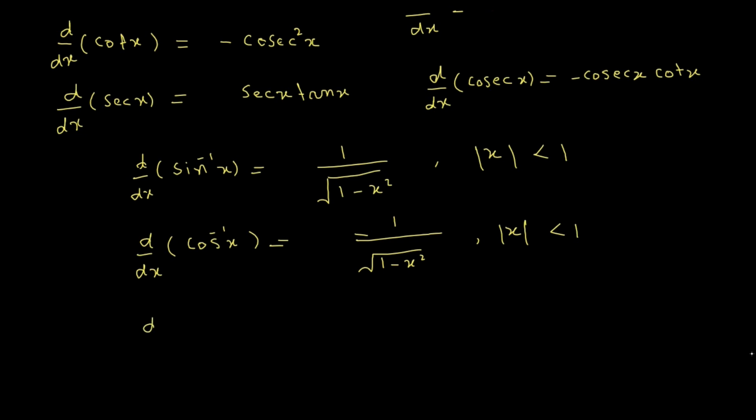And d by dx of tan inverse x is equal to 1 over 1 plus x square. So these are the formulas that you should know, and they will be applied in the mathematics used in astronomy.